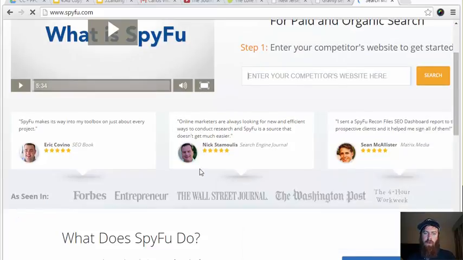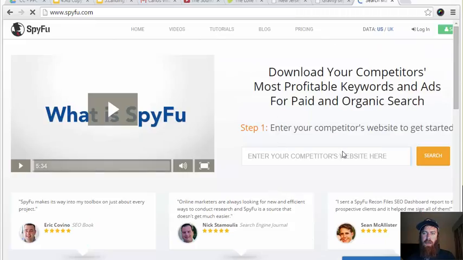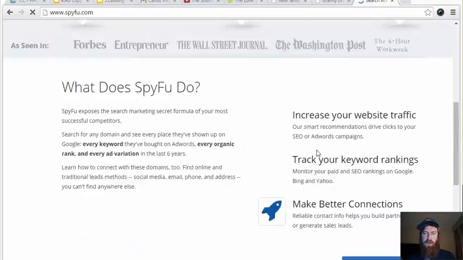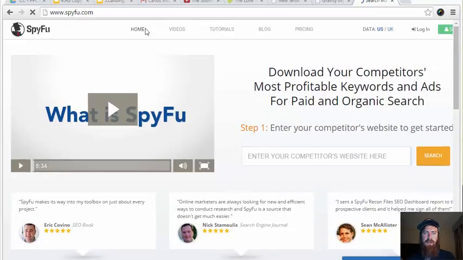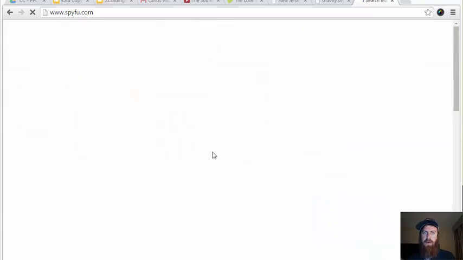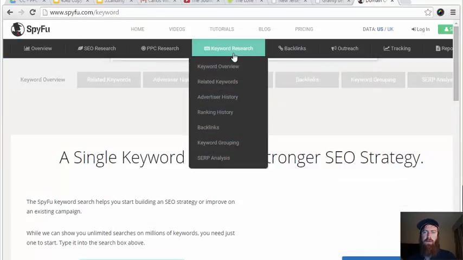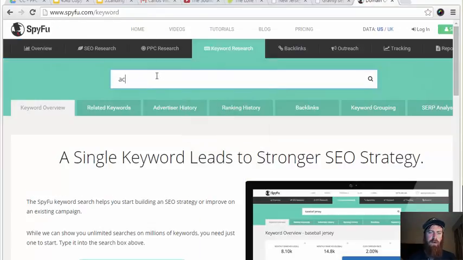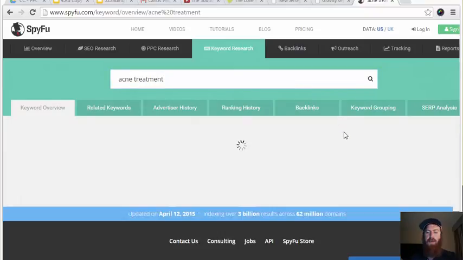If we want to, we can type in a keyword or a competitor's website. They used to have it where you could type in a keyword. But basically, we go over here, we do keyword research, and we're going to do acne treatment. We're going to click search. Let's see what pops up.